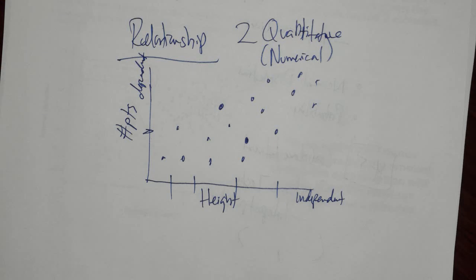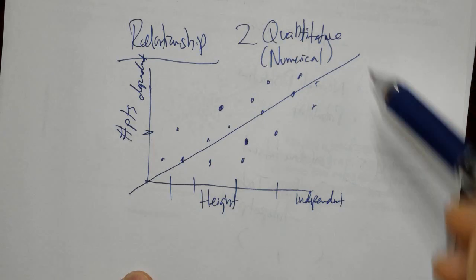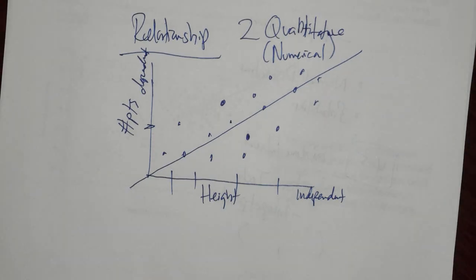What do you remember from Algebra 1 that describes the relationship between dot plots or scatter plots? Okay, yeah, that gets us there. If there is a relationship between these, then you're going to see some sort of linear trend that you can use to predict the number of points based on the height.